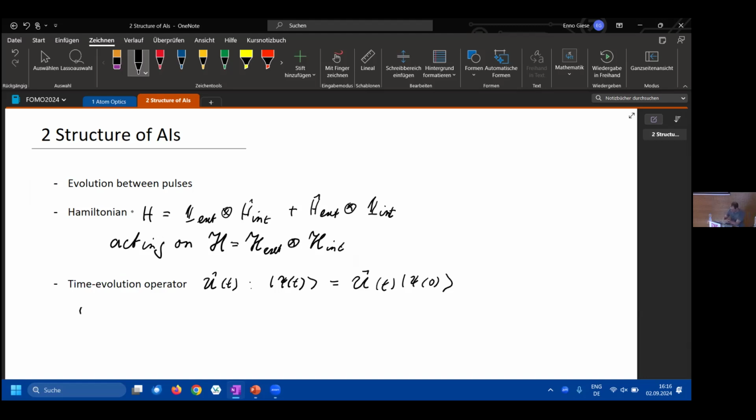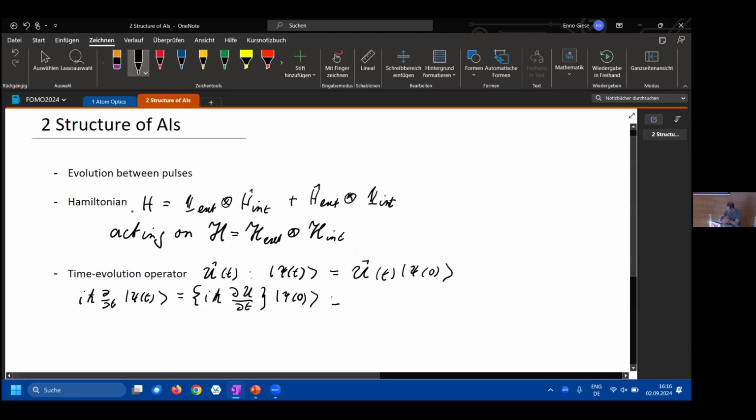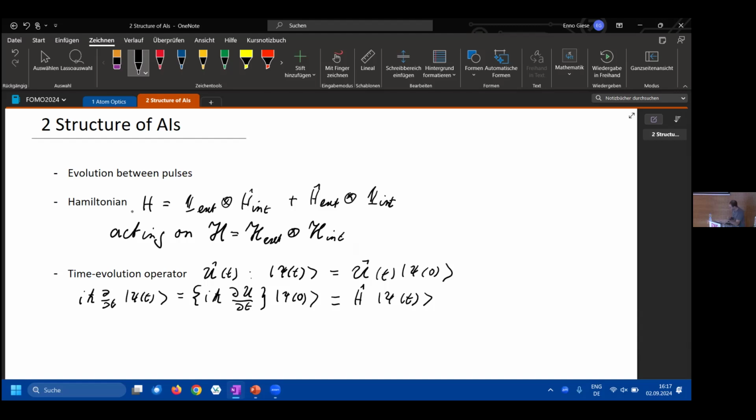It is i h bar d/dt psi of t. And I just take the time derivative of U. So that means I have i h bar dU/dt, because the initial state is time independent. Of course, the initial state is time independent. And I know that this is equal to the Hamiltonian times psi of t. This is just the Schrödinger equation.